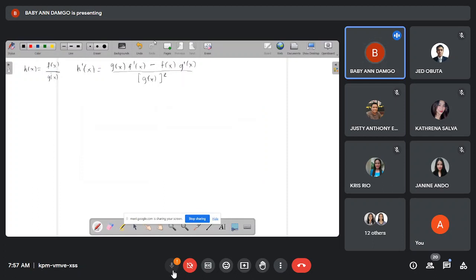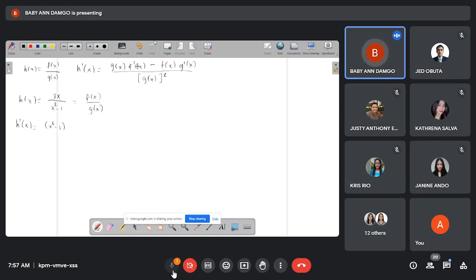Okay? So, example, if you have h of x, which is equal to 3x over x squared minus 1. Okay, so iletra na natong 3x of f of x. So, this is of the form f of x over g of x. So, pagkuha sa derivative, ato raning i-follow nga pattern. Okay? So, copy the g of x, which is x squared minus 1. So, ang denominator.